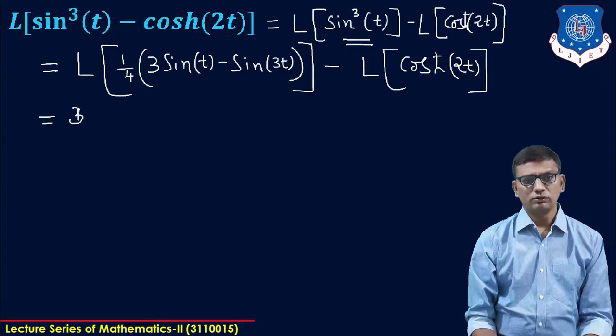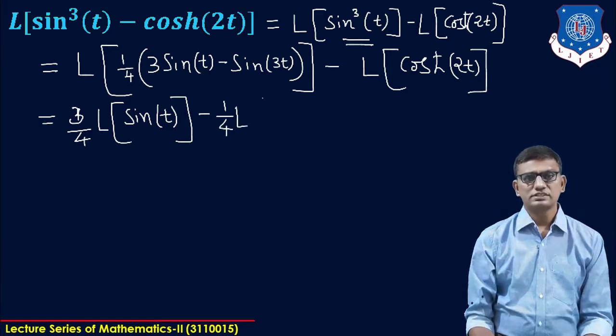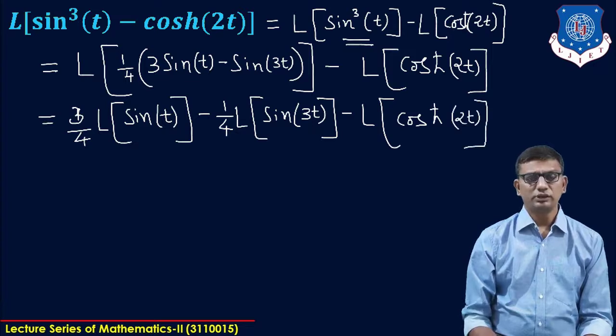Taking 1 by 4 common outside and 3 also outside, then we have 3 by 4 Laplace of sin t minus 1 by 4 Laplace of sin 3t minus Laplace of cos hyperbolic 2t. Now we apply the formula.